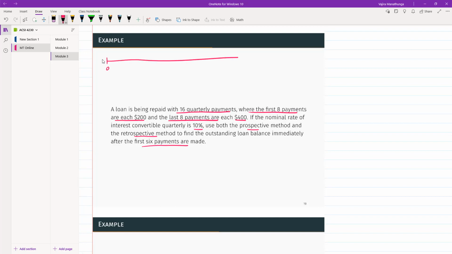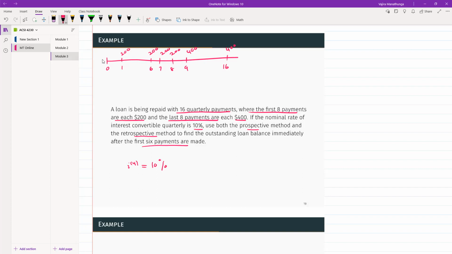So here is 0 and 1. The first 8 payments are 200: 6, 7, 8. The last 8 payments are each 400. The nominal rate of interest convertible quarterly is 10%, so i4 is 10%.